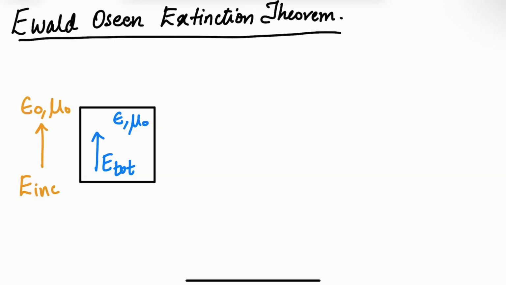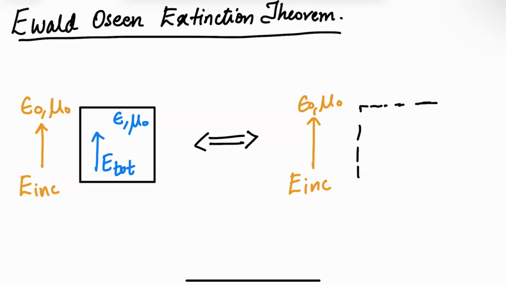And when we did wave matter interactions, we showed that this is equivalent to having the incident field everywhere in space, plus a scatterer: instead of the medium, I can replace the medium with just polarization currents.